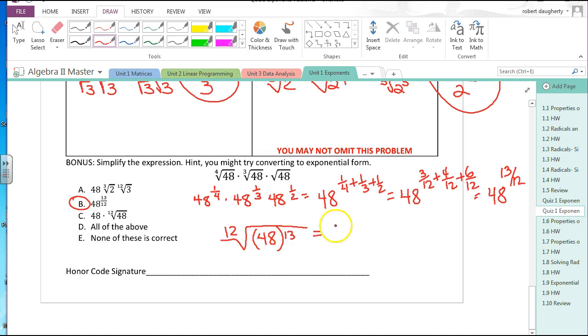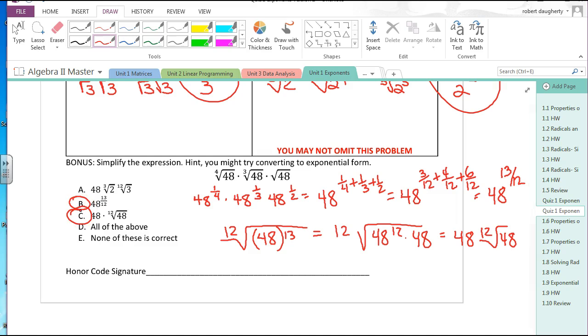Well, that's the same thing as the 12th root of 48 to the 12th times 48. The 12th root of 48 to the 12th is 48. So this is 48 times the 12th root of 48. Well, lo and behold, that is answer C. So that's an identical expression.